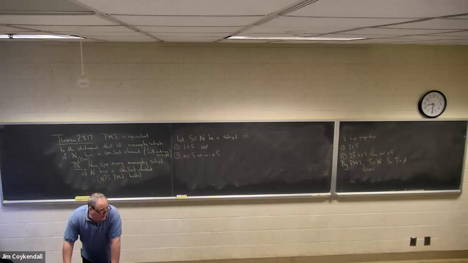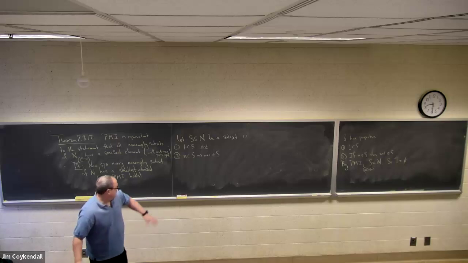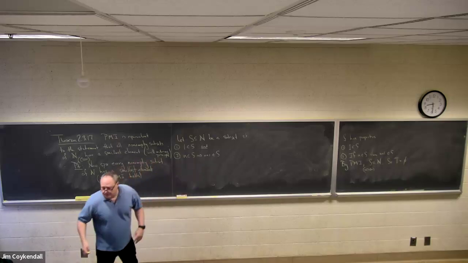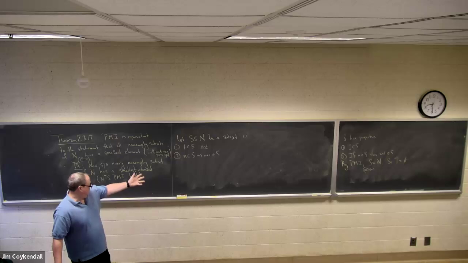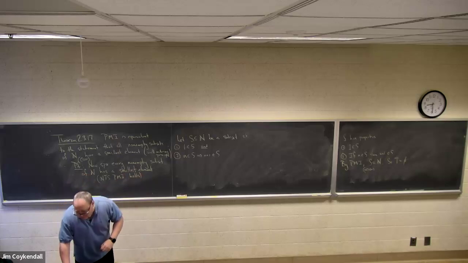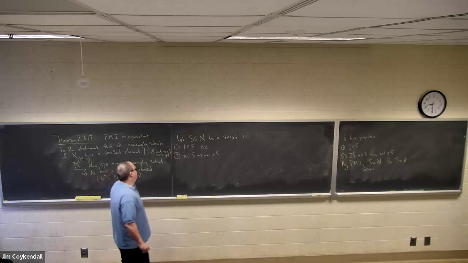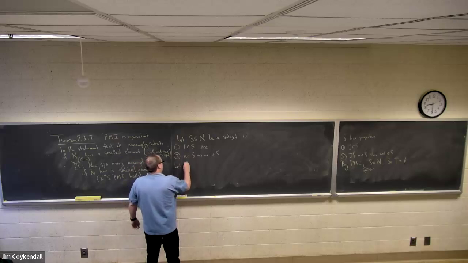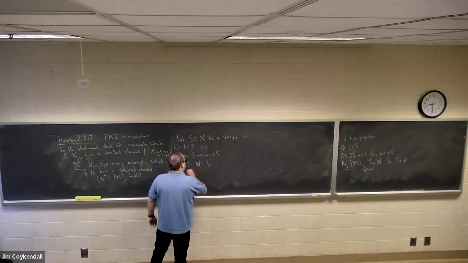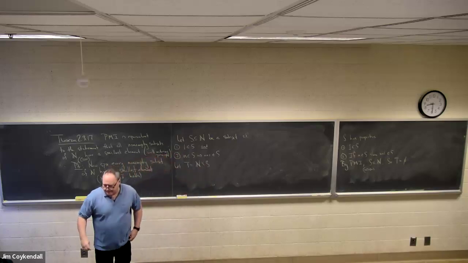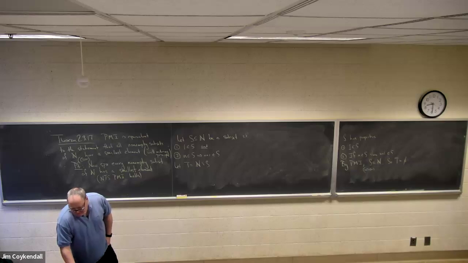That is, one is in S, and if you have any natural number in S, then the next one is in S. What we want to show is that S is all the natural numbers. So let's suppose that T is the natural numbers with the set S removed.